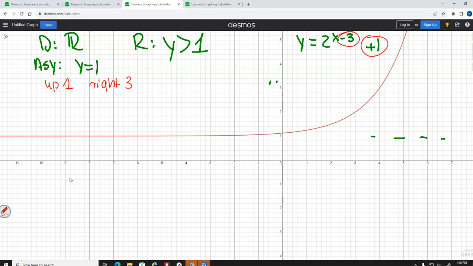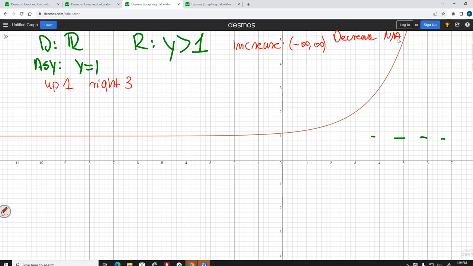Now, increase, decrease. So this function reading left to right, again, it is increasing. So we will have no decrease. Decrease is going to be NA. Now increase, on the other hand, it is increasing from negative infinity to positive infinity because, again, there is nothing stopping it.